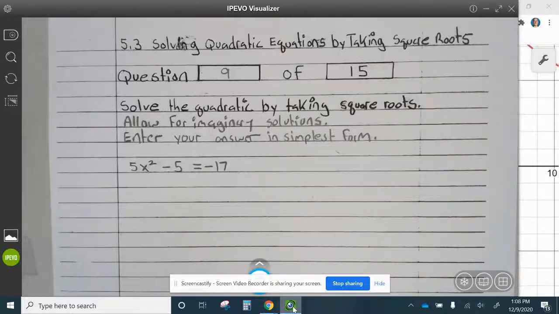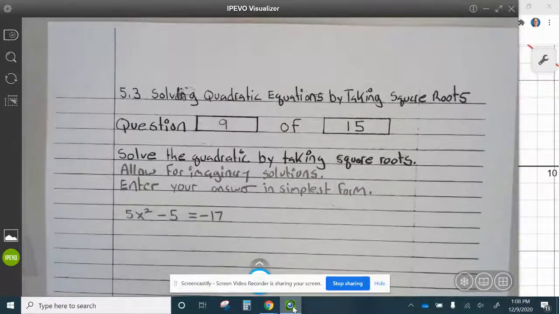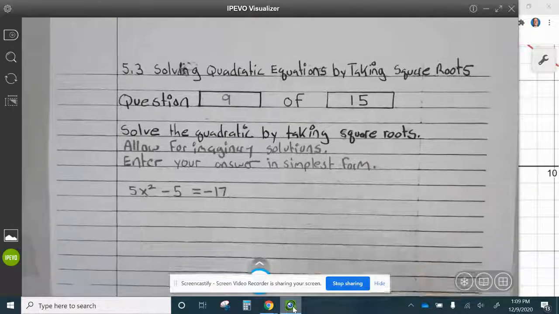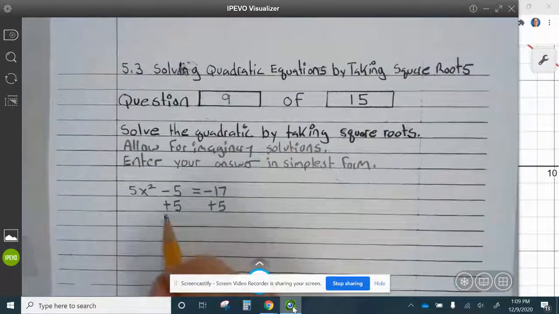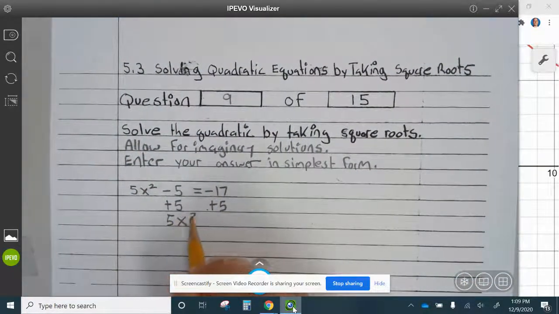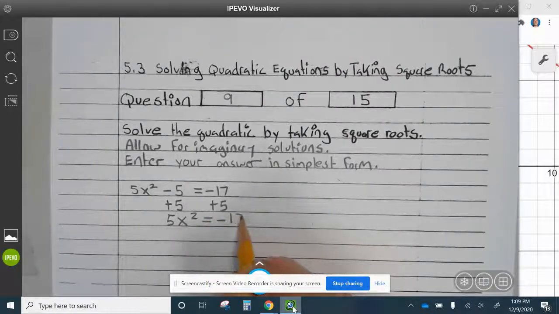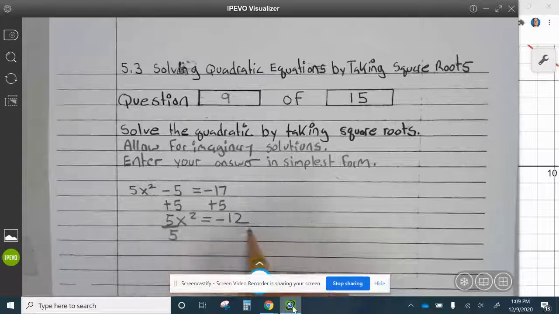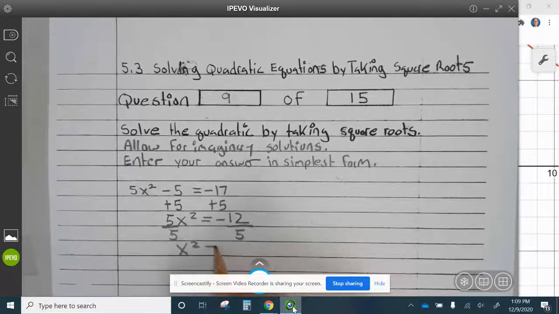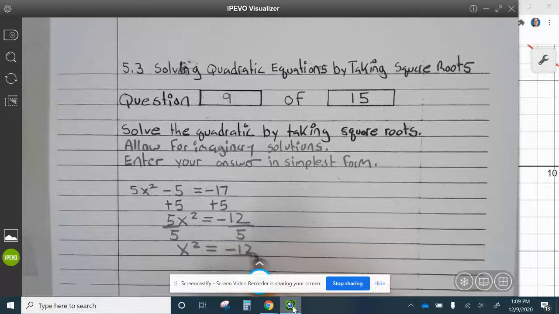Let's take a look at question 9. Solve the quadratic by taking square roots. Allow for imaginary solutions. Enter your answer in simplest form. So first things first, we're going to add 5 to both sides. So you get 5x squared equals negative 12. Divide both sides by 5. So you have x squared equals negative 12 divided by 5.